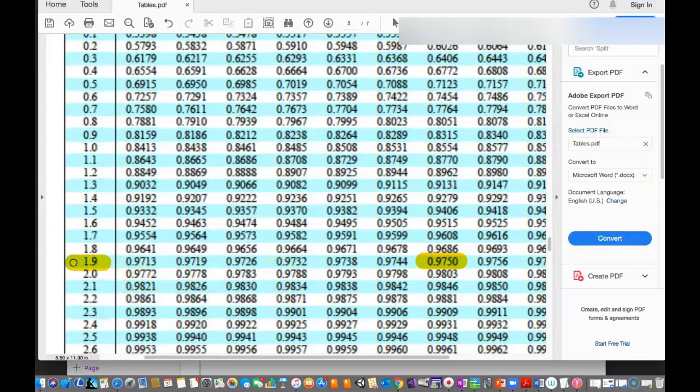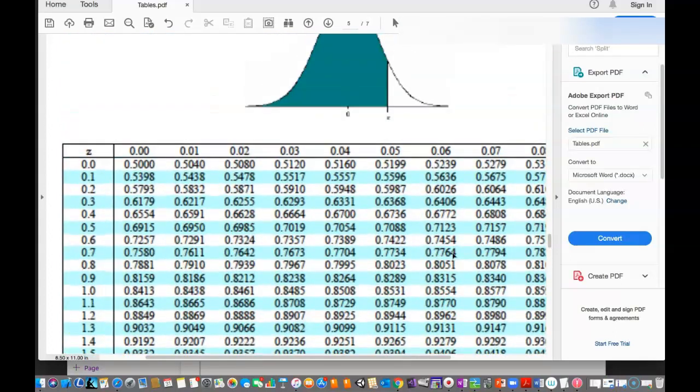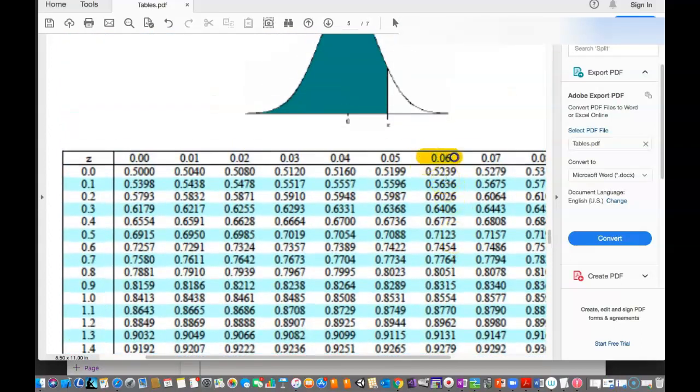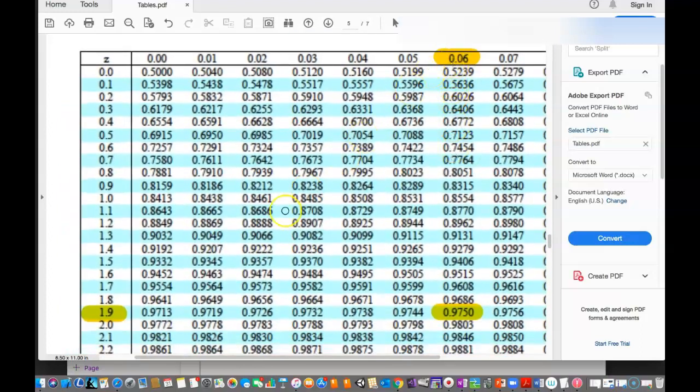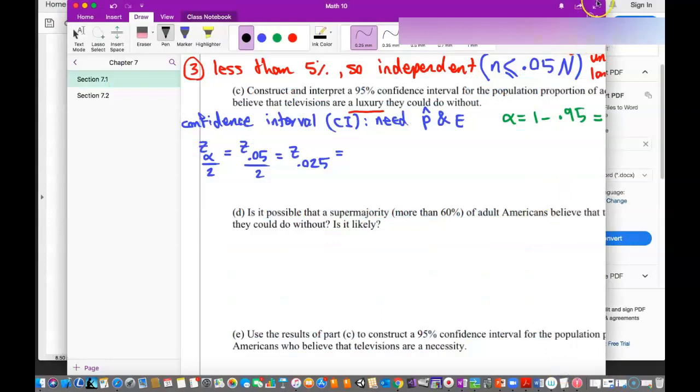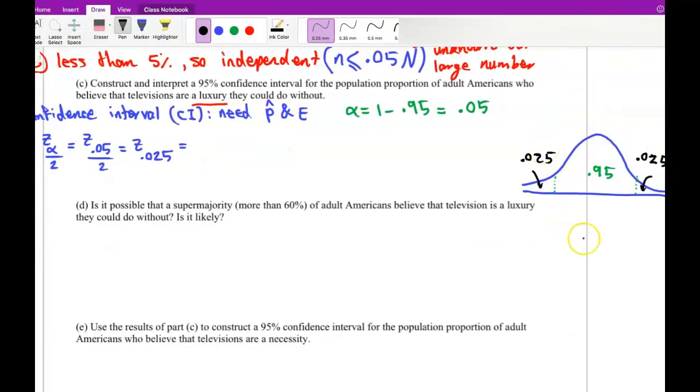Z is on the side, we have 1.9, and going up, we have 0.06. So adding these two numbers, this is Z, so it's 1.96. So the answer for this part is 1.96, and that is the critical value.